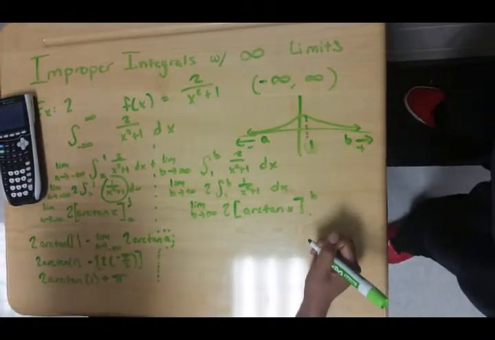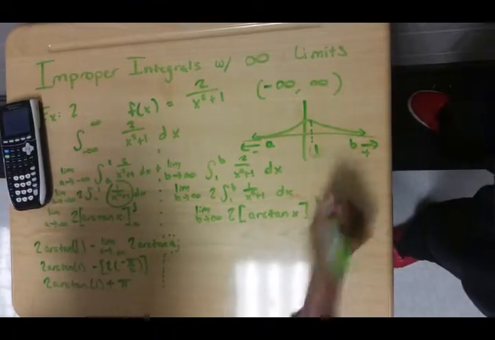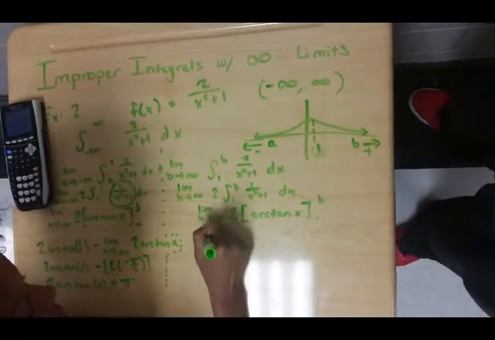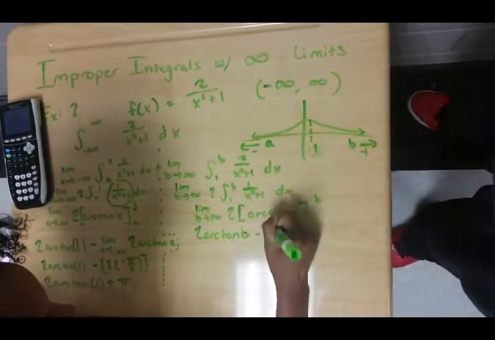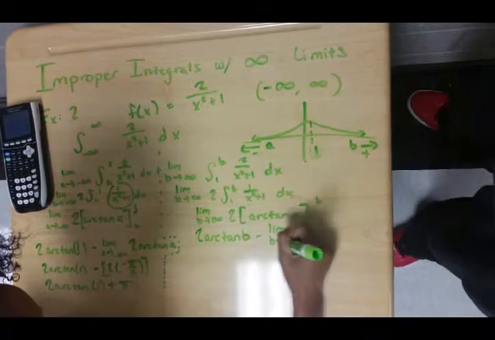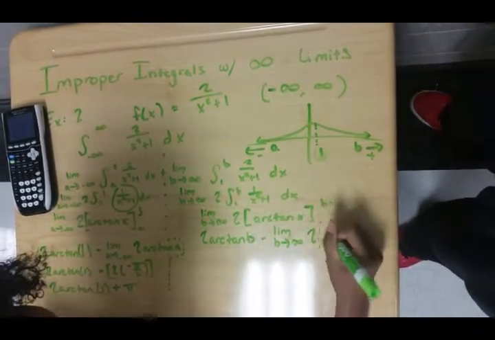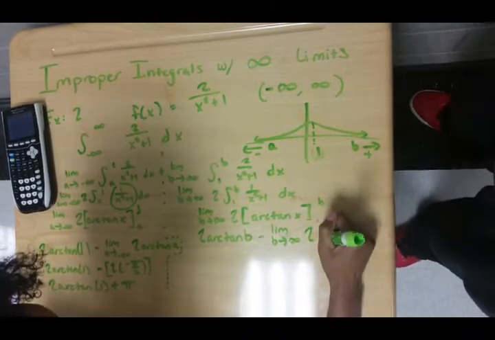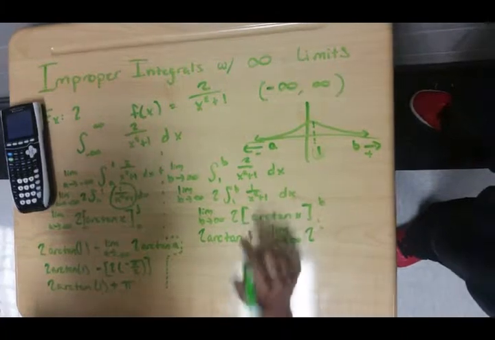And then you plug it in, and remember, you subtract the bottom from the top. So 2 times the arctan of b minus the limit as b goes to infinity of 2 times the arctan of 1. My bad, this should be 2 times the arctan of b, then minus 2 times the arctan of 1.